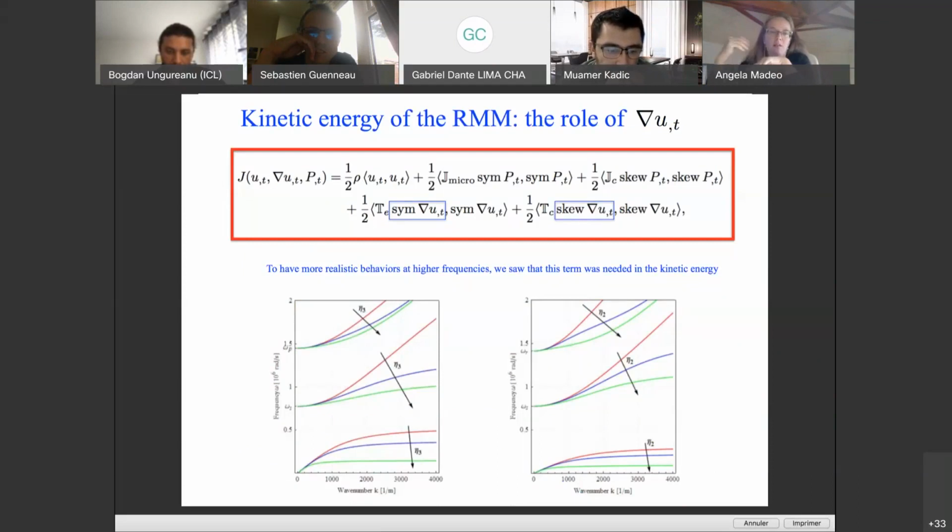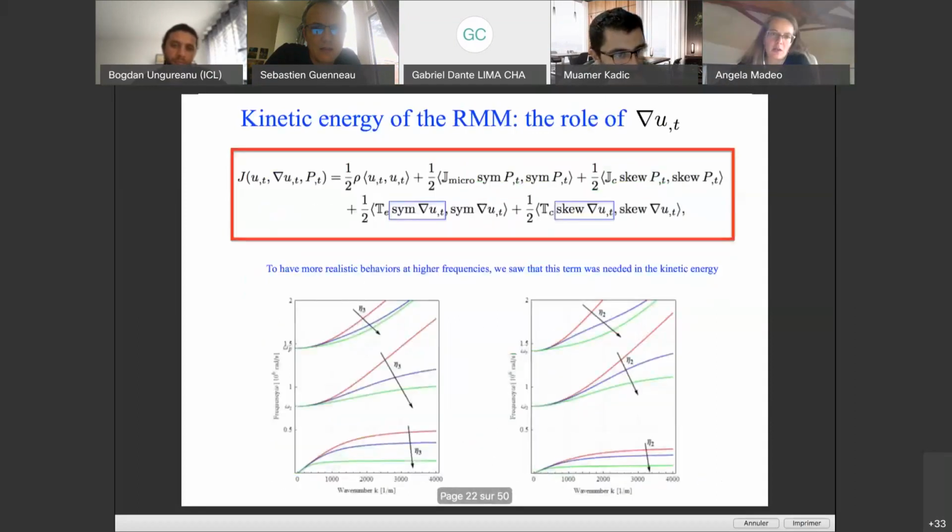We will look at them again later, the Bloch-Floquet dispersion curves of a typical metamaterial. You always have curves that are getting quite flat. And what we found is that with a coupled space-time derivative in the kinetic energy, you can effectively have this flattening effect.